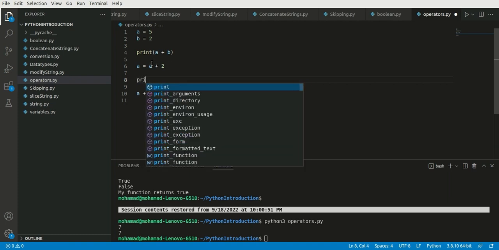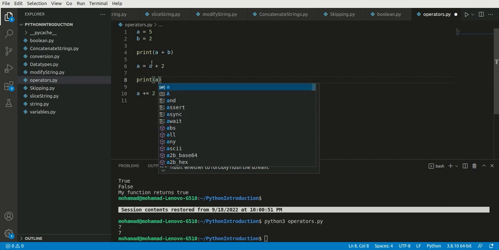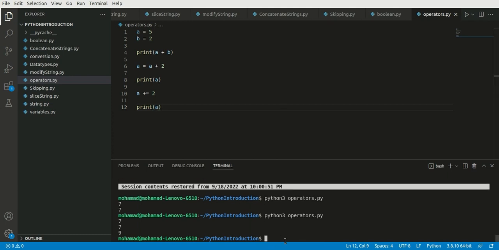So let's print both of them and see what happens. Print A. Also let's print A after A plus equal 2 and see the result.